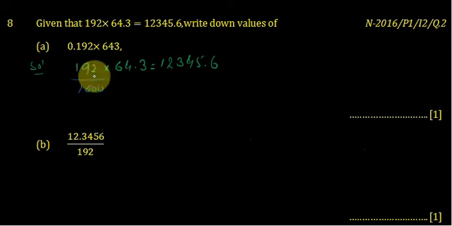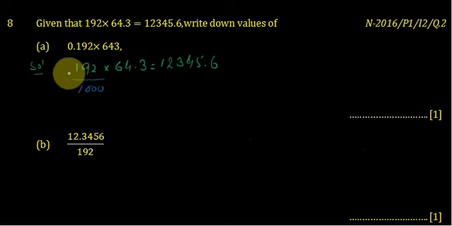The decimal is actually there at the end of the number. If there is no decimal in a number, you consider it is at the end of the number. So we move three places, 1, 2, 3, to the left. So we must divide by 1000.